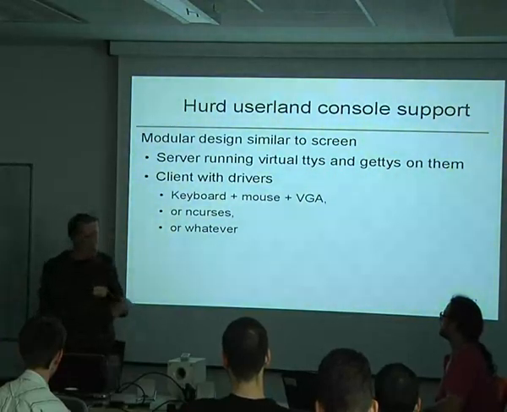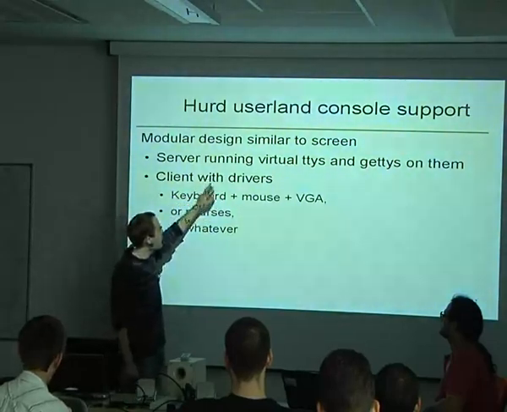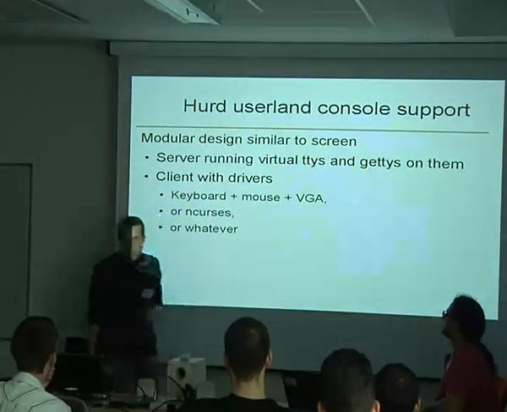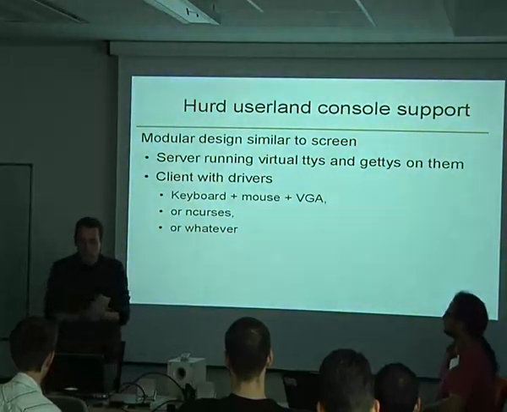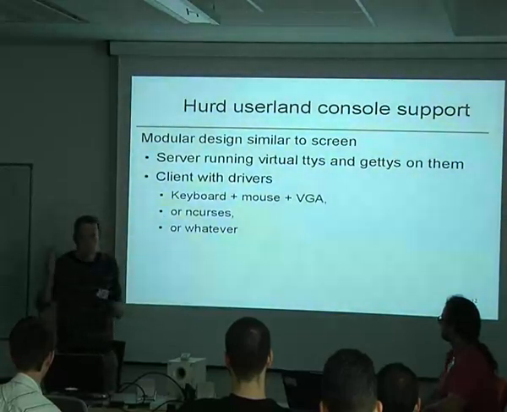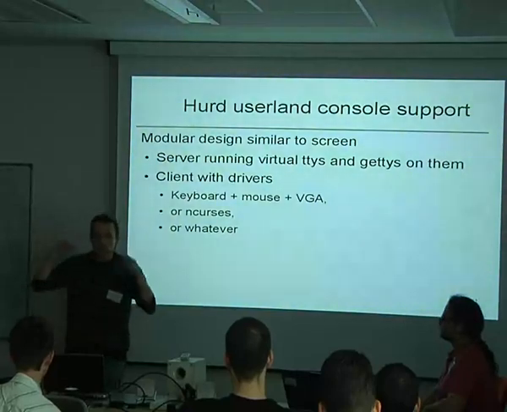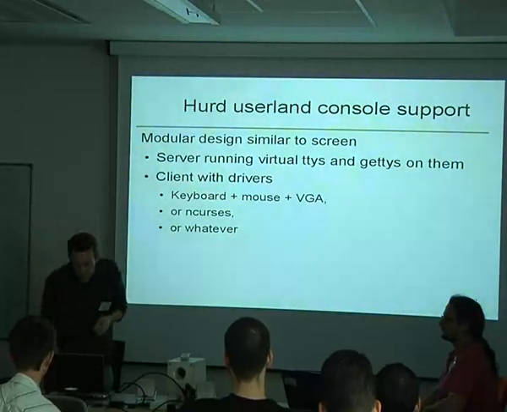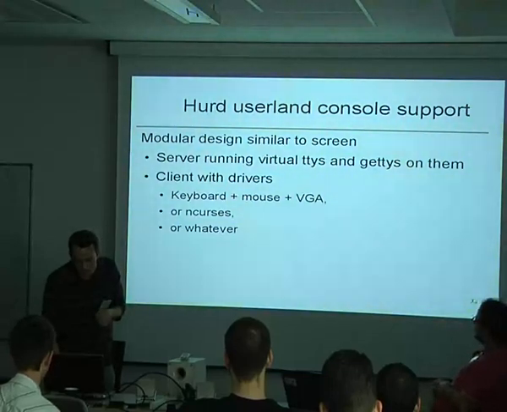And to access that server, we start a client. So for instance, we start a client with loadable drivers, so keyboard, mouse, and VGA, and so we can access it from the computer itself, but you could access that console from an encrypted client through SSH or whatever, a braille device, you never know. So that's how we make the Hurd accessible, actually.